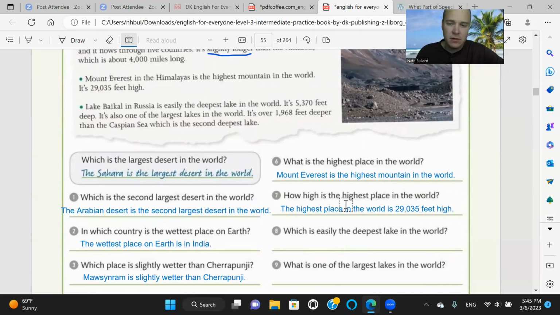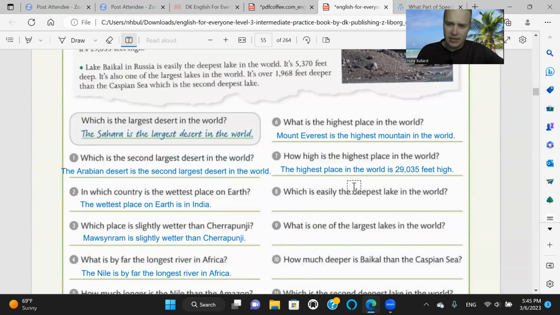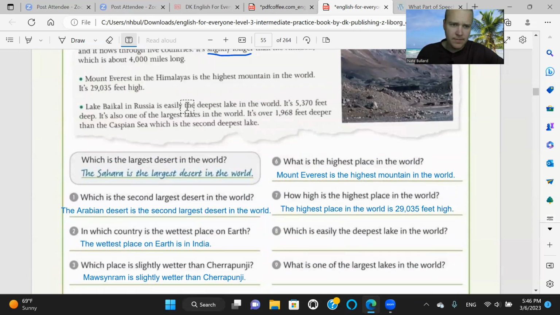El lugar más alto del mundo es 29,000 pies de altura.